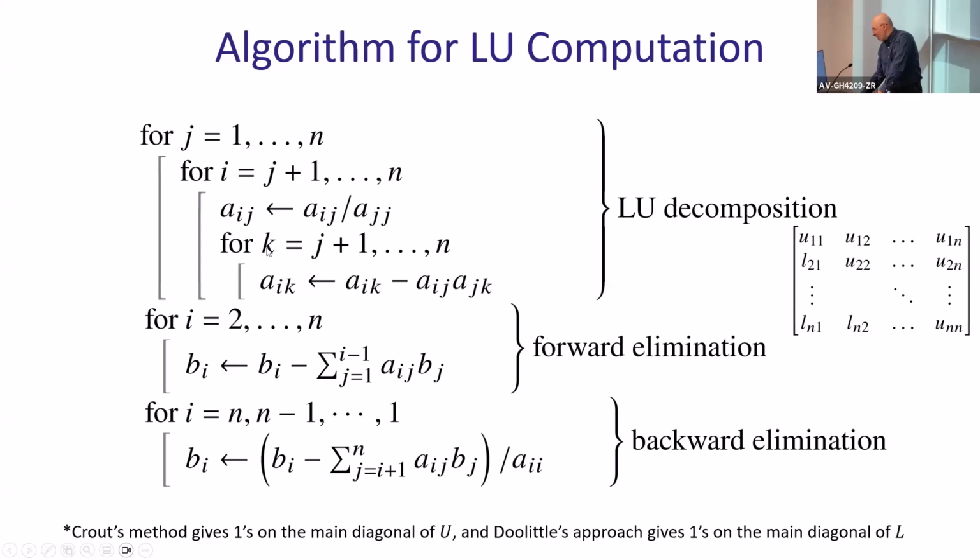Now, for k from 2 to n, starting with 2, you get I equals 2, so A 2,2 equals A 2,2 minus A 2,1. What is 2,1? 2,1 is that value which you computed here.